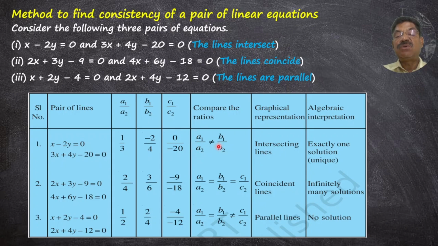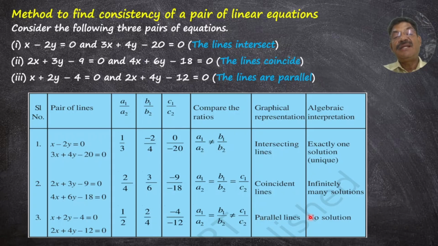When a1 by a2 is not equal to b1 by b2, you can conclude that they are intersecting lines and they have a unique solution. When all the ratios are equal, you can conclude that the lines are coincident and they have infinitely many solutions. When a1 by a2 is equal to b1 by b2, but they are not equal to c1 by c2, that means they are parallel lines.